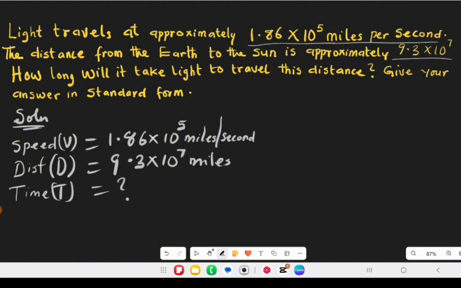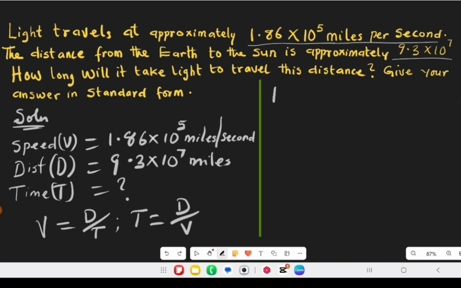In physics, speed is equal to distance over time, which is V equals D all over T. Now, if we make T the subject of the formula, T becomes D all over V. Then T becomes, distance is given as 9.3 times 10 raised to the power of 7 all over, speed is given as 1.86 times 10 raised to the power of 5.